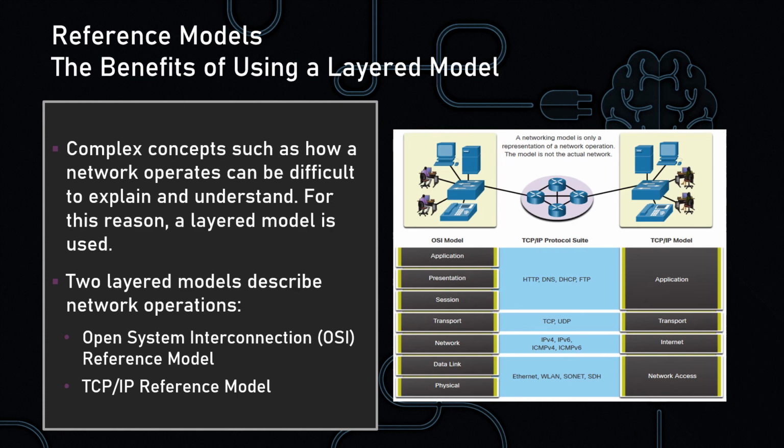OSI is much more detail-oriented, broken up into separate sublayers, simply because it has to apply to a number of different models for network operations, not just TCP/IP. If we were looking at something for Novell or Apple, things like that, we would be much more in step with the OSI model to make sure we're separating all the protocols effectively.